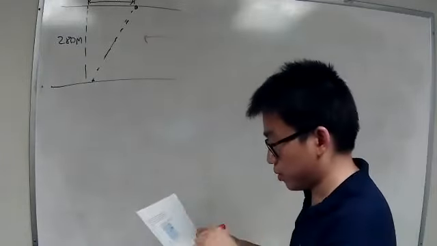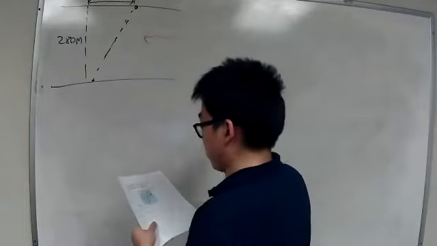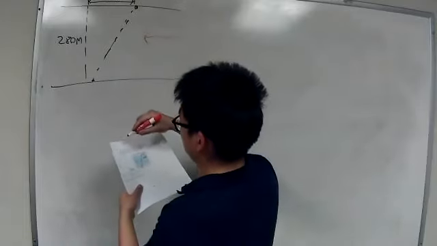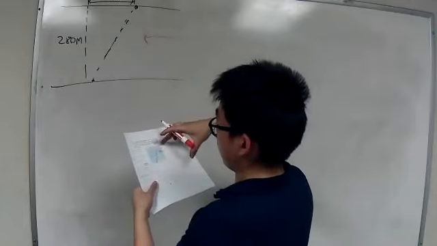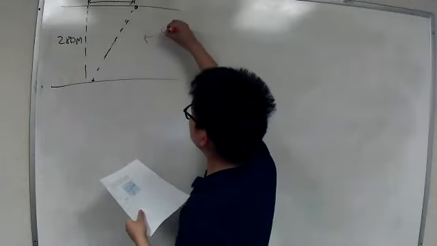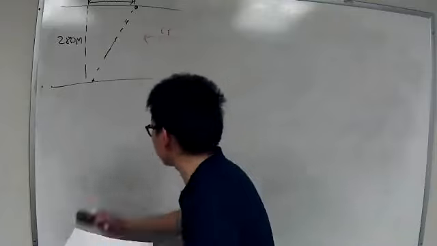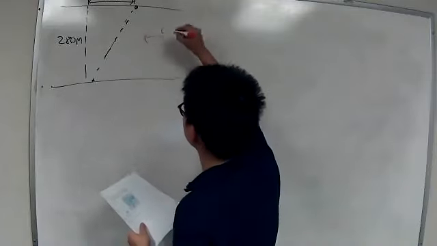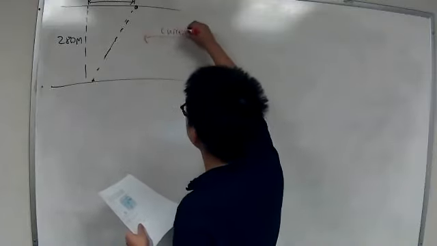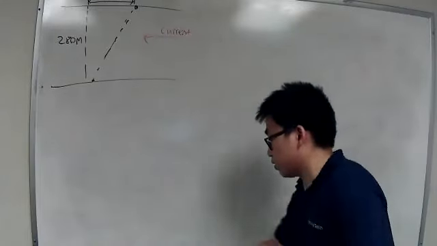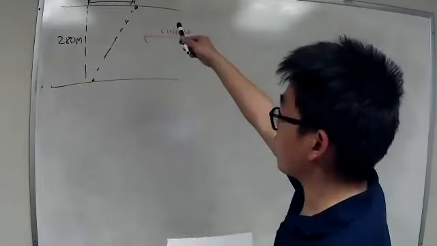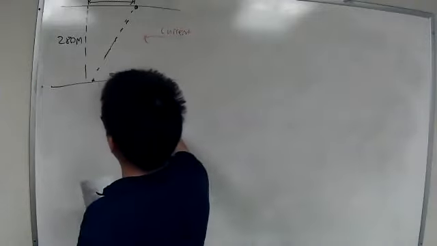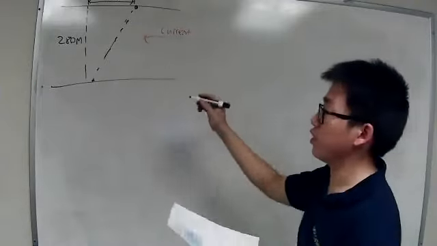They like using rivers for some reason, because it's just nice, I guess. The current is going that way, and so we want to find out, well, what's this current? If that is his destination, how would he have to angle his boat to get there?